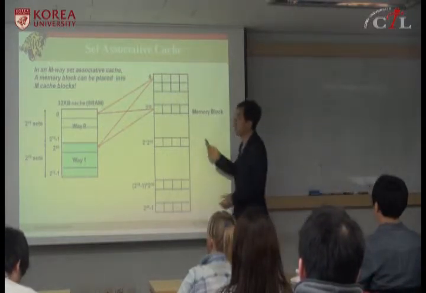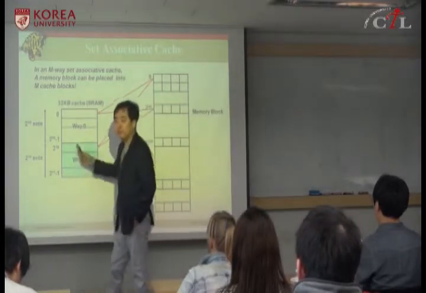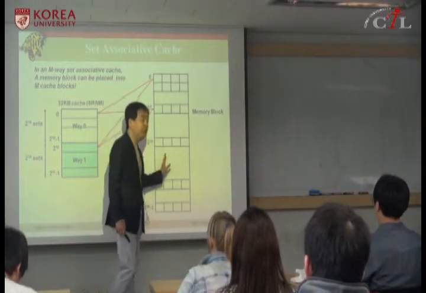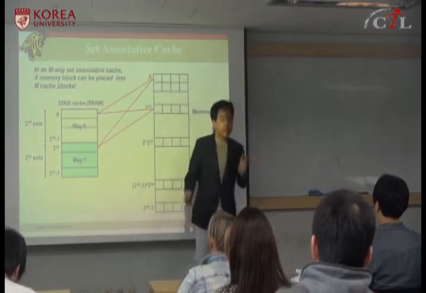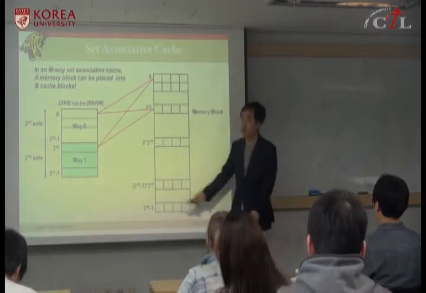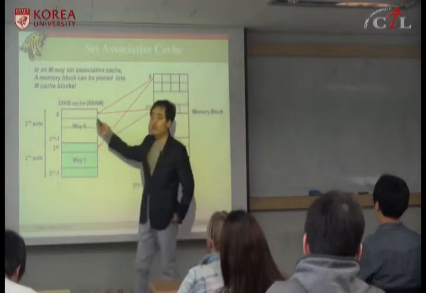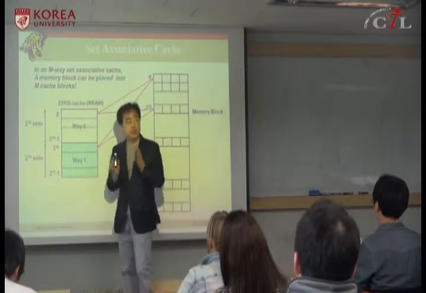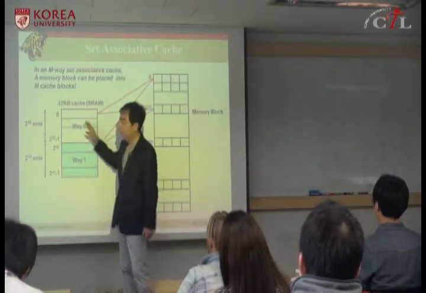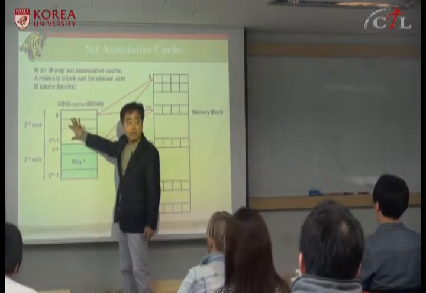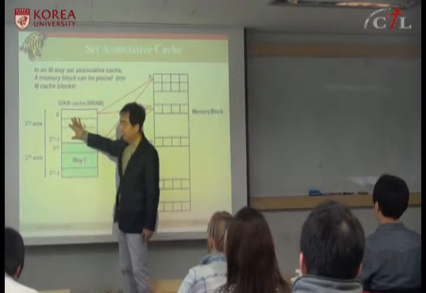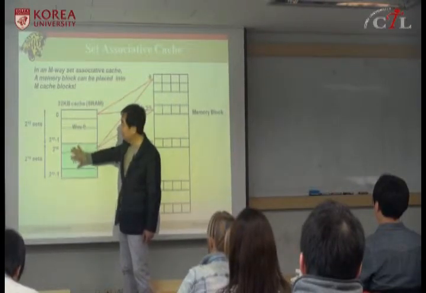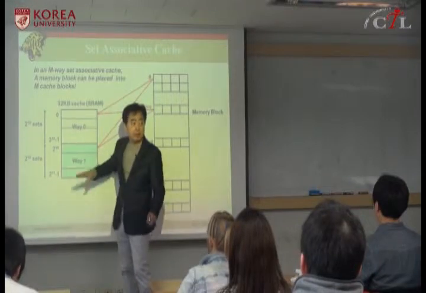So same as before, we have 2048 blocks and 2 to the power of 28 memory blocks. You are mapping memory blocks into the cache. But here, you divide the 2048 blocks into two different banks. 1024 blocks for the way 0 bank and 1024 for the way 1 bank. We have two banks.